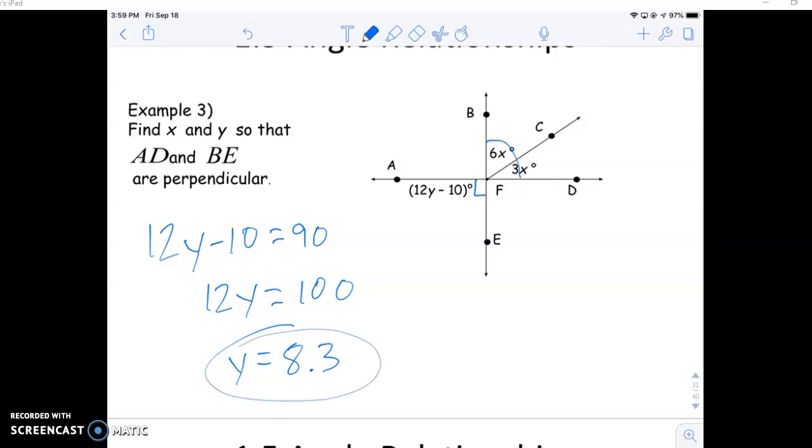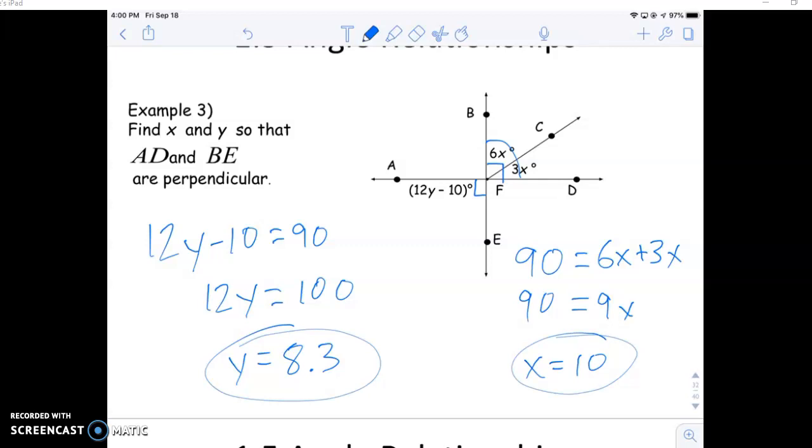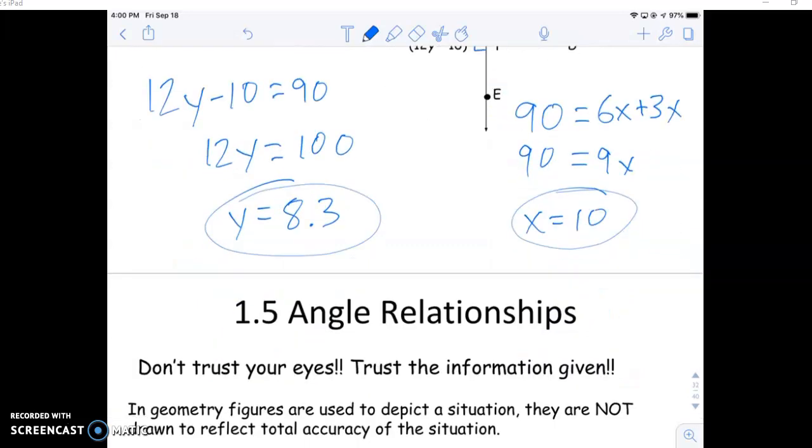Then if we wanted to prove that this angle was 90, we could go 90 equals 6x plus 3x to give us 9x. Divide each side by 9, and you get x equals 10. That proves that those angles are 90 degrees.